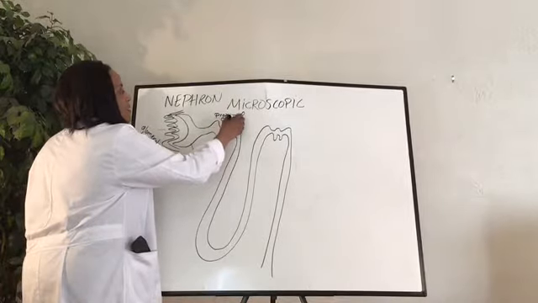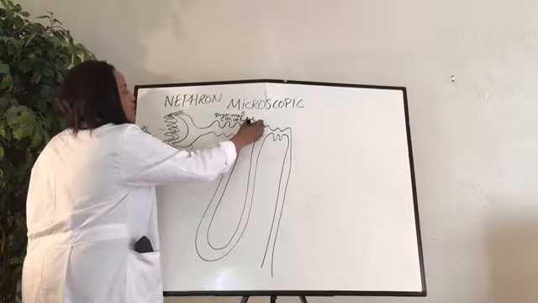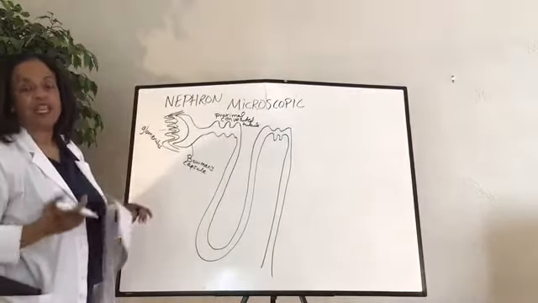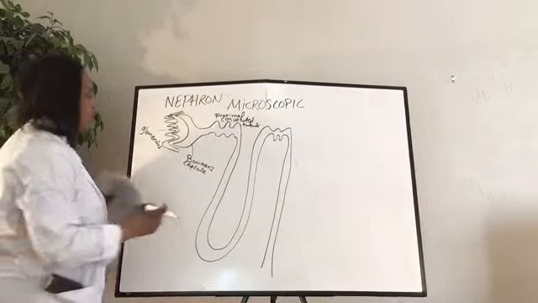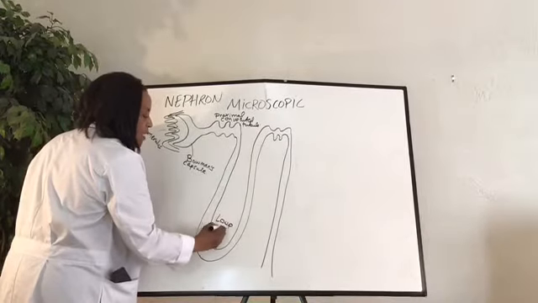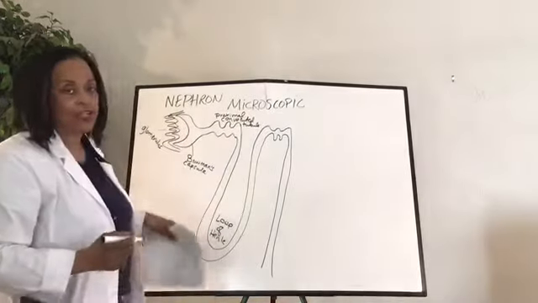This is proximal convoluted tubule. It's just a fancy word for tube. It's close to Bowman's capsule, therefore it's the proximal convoluted tubule. This little hairpin thing here, this is called the loop of Henle. Guess somebody's name is Henle. We'll call it the loop of Henle.